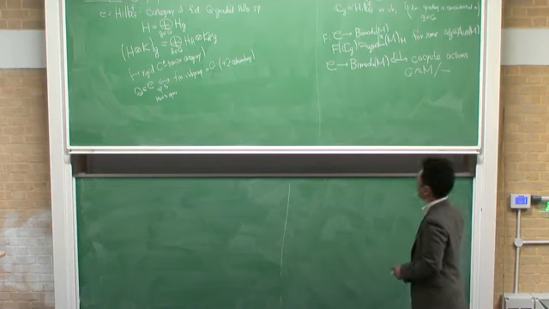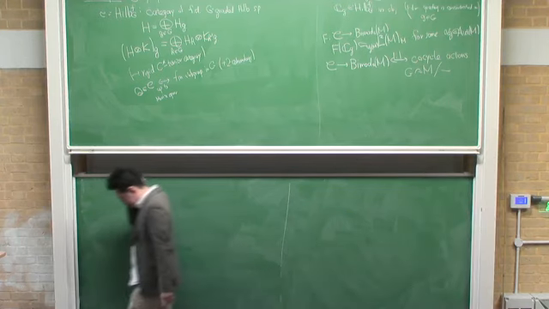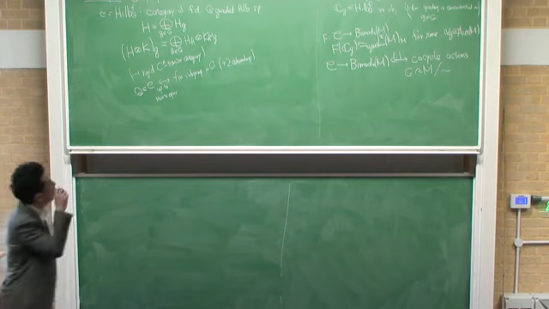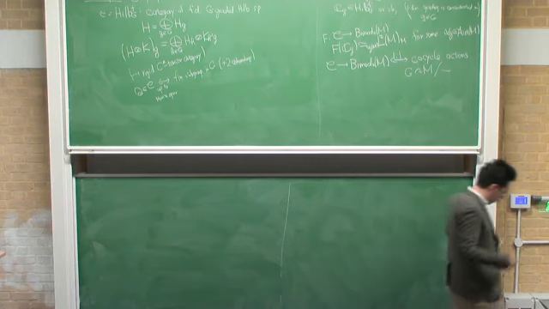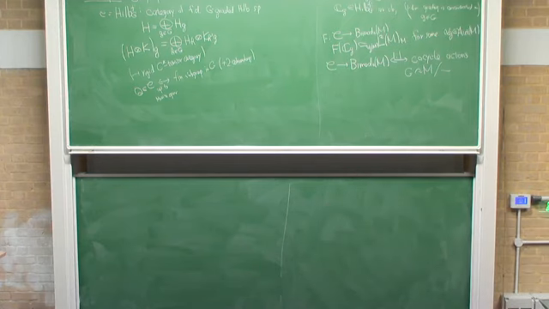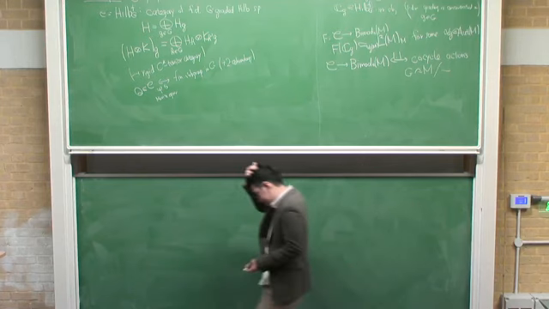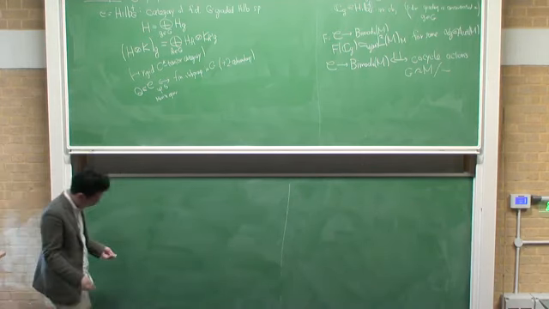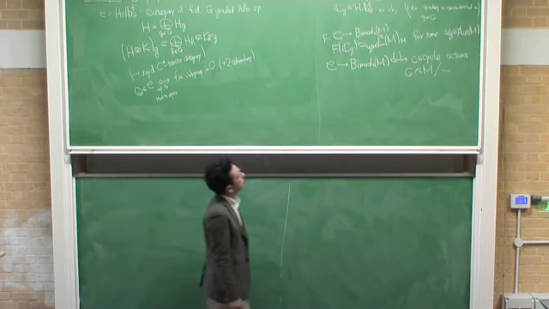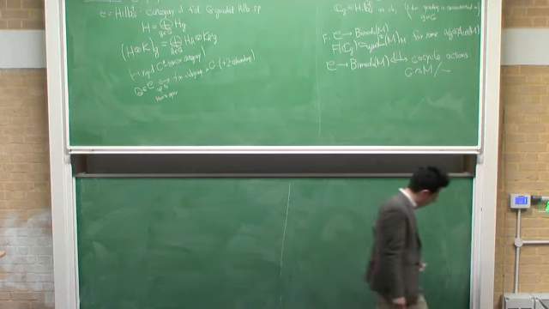So, okay, anyway, this is fine, and then if I want to classify all the actions of groups, then it's impossible usually. I mean, there are infinitely many or uncountably many non-conjugate or non-cocycle conjugate actions of groups without any assumption on the group.